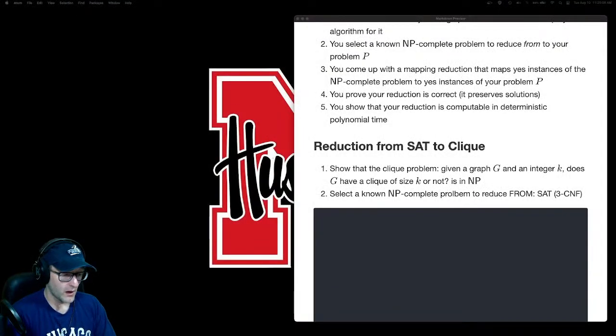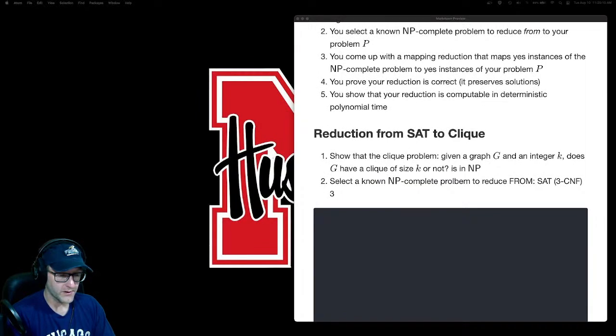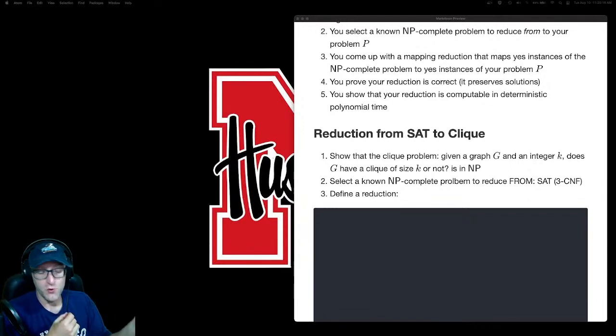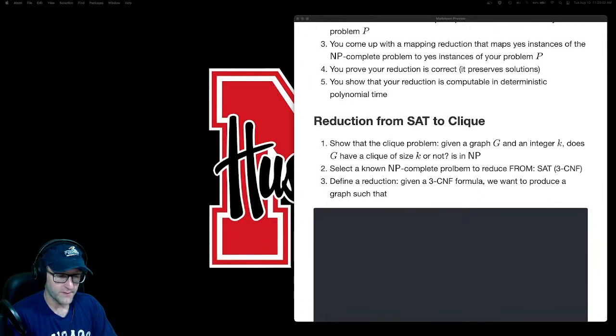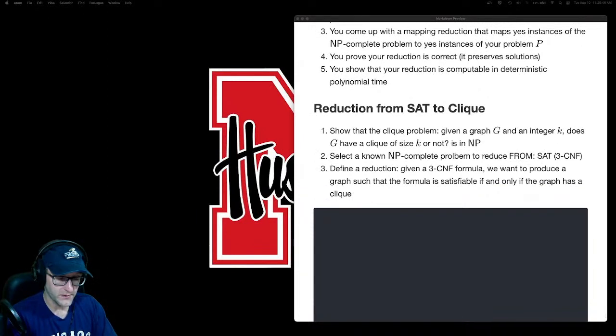Okay. 3, we define a reduction, a mapping reduction. So in other words, given a 3 CNF formula, we're going to have to transform that into a graph. Given a 3 CNF formula, we want to produce a graph such that the formula is satisfiable if and only if, again, we need to preserve solutions, the graph has a clique of a certain size.